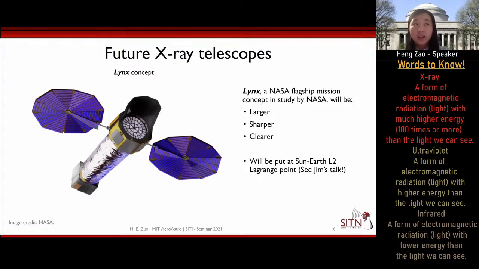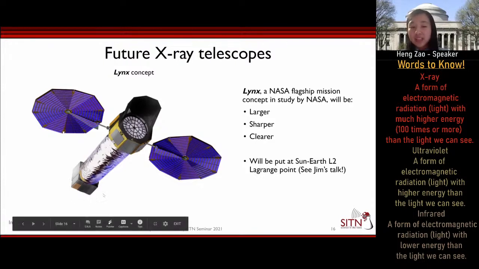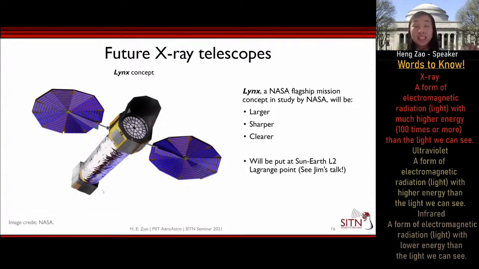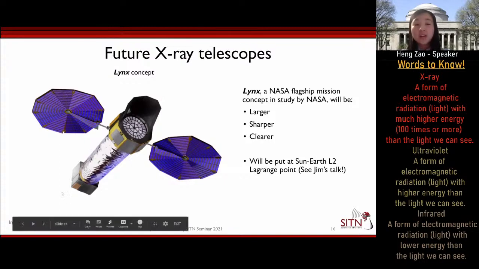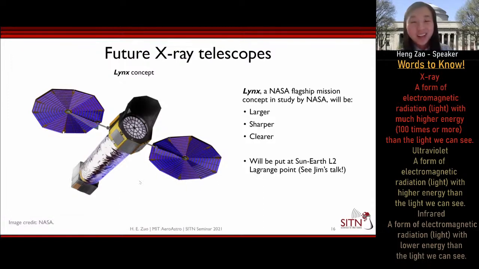So more layers and more light can be collected. There are also a lot of developments in the science instruments, like the detectors, basically how you collect that light, and some other science instruments will be much better. So in general, we maintain the same resolution but have other capabilities.